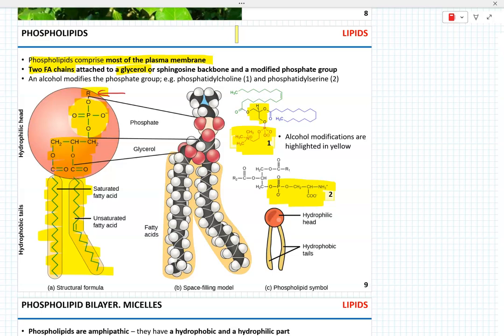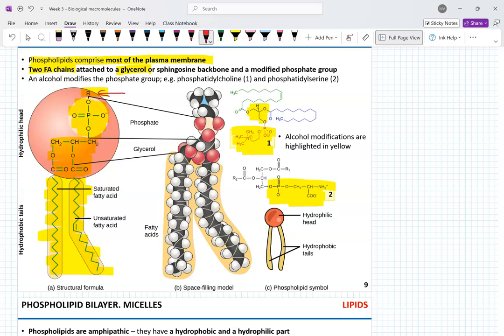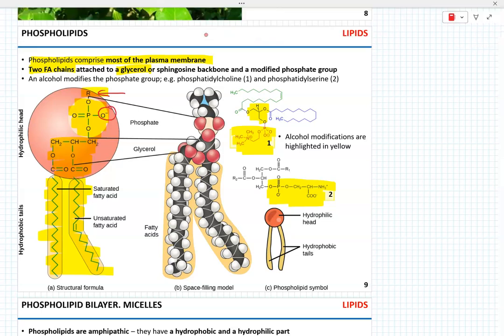If you look at the molecule as it is represented on the left, you may notice there is a negative charge on the phosphate group. There are a lot of very electronegative oxygen atoms here, which makes the head hydrophilic. The tails of phospholipid molecules are comprised of fatty acids, and that makes them hydrophobic.